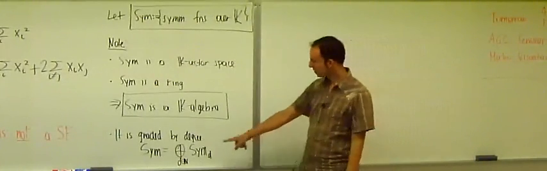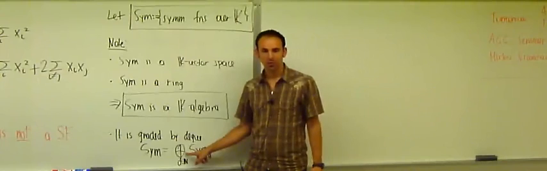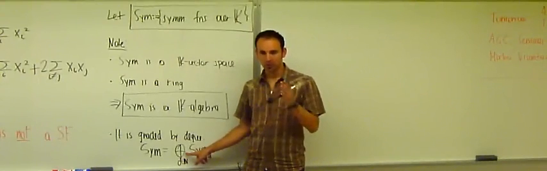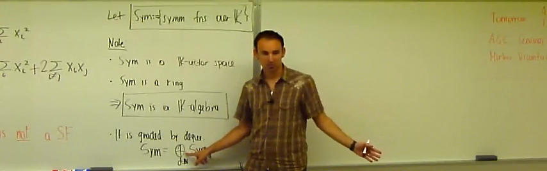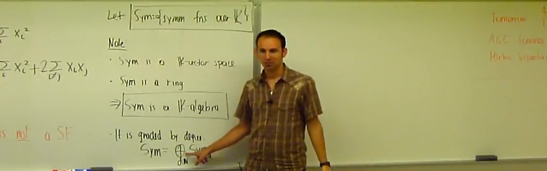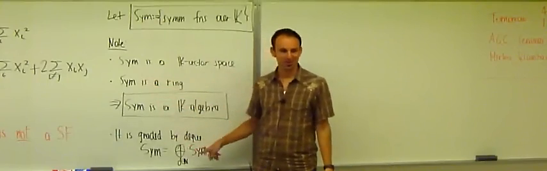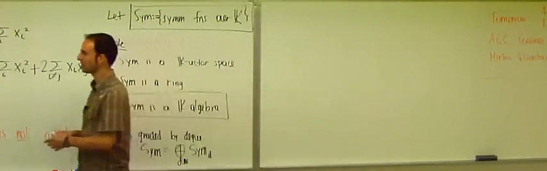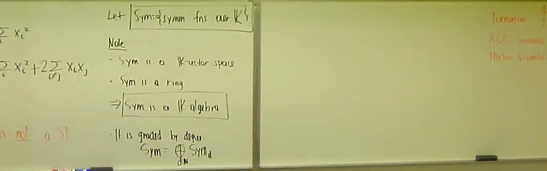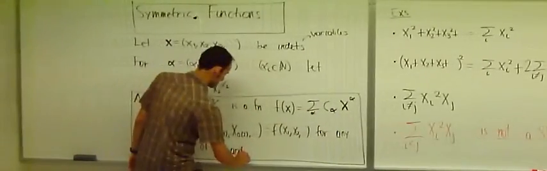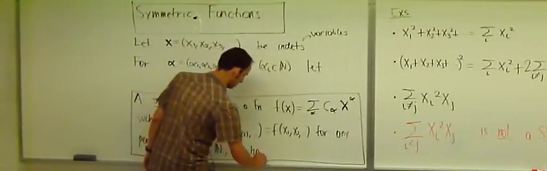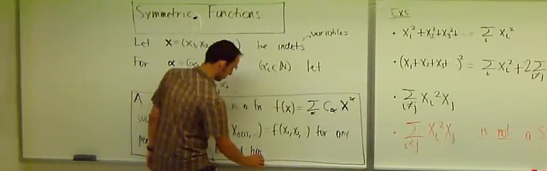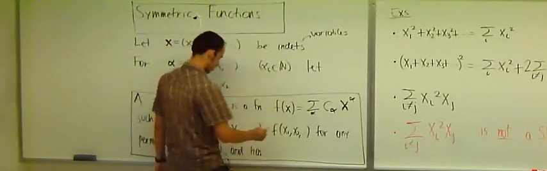Remember that when you take a direct sum, you're only allowed finitely many summands. I meant to say that there. Otherwise, this equation would not be true. So a symmetric function has to have bounded degree. It's a function which satisfies this property and has some bounded degree.